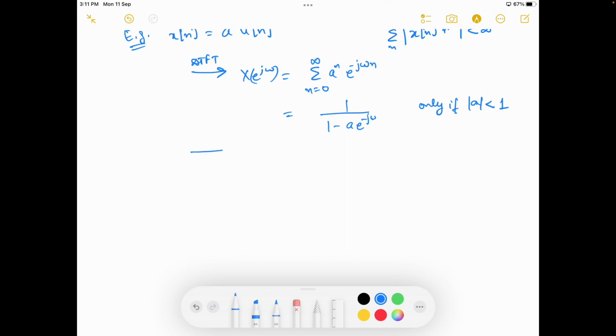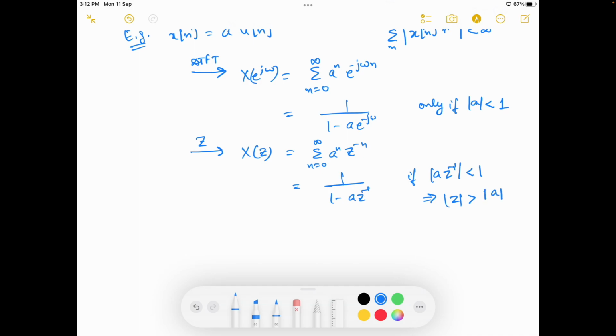Let's now take the Z-transform. So what is X(z)? And this series will exist if I choose my z such that mod z is greater than mod a, then this series will converge, right?